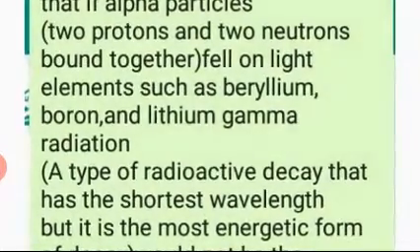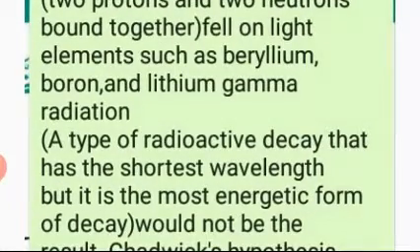They fell on light elements such as beryllium. Beryllium has atomic number 4, so 4 electrons, 4 protons, and 5 neutrons.